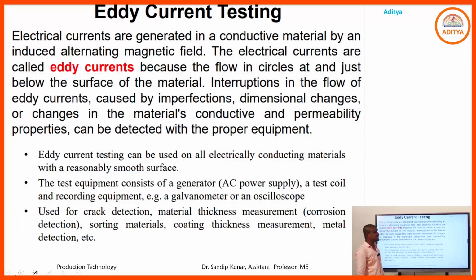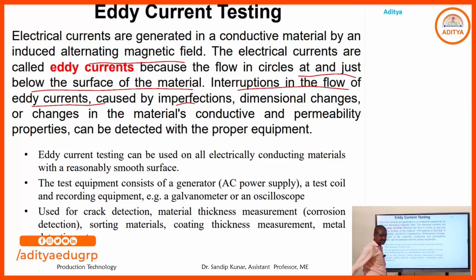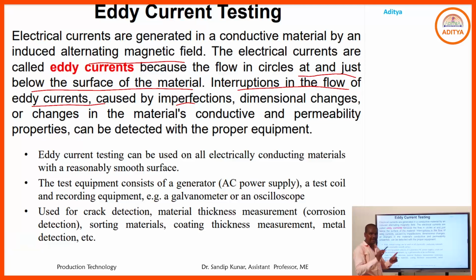Eddy current testing also creates an alternating magnetic field. Because the eddy currents flow in circles just below the surface of the material, any interruption in the flow of the eddy currents is caused by imperfections. If any defects are present in that particular weld joint and we pass the eddy currents, electromagnetic lines will be created.